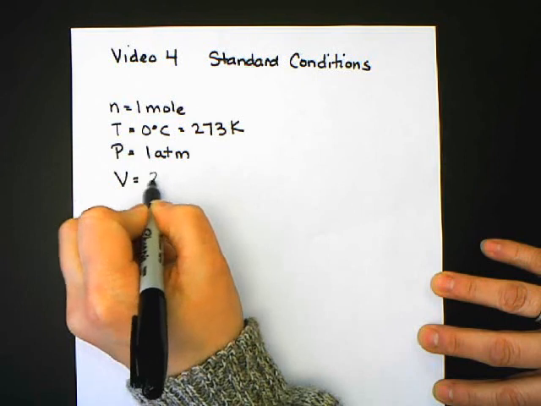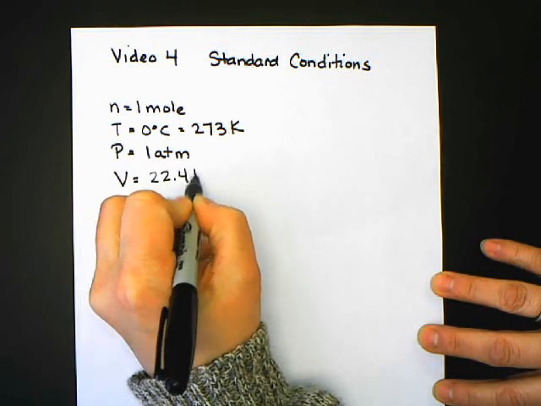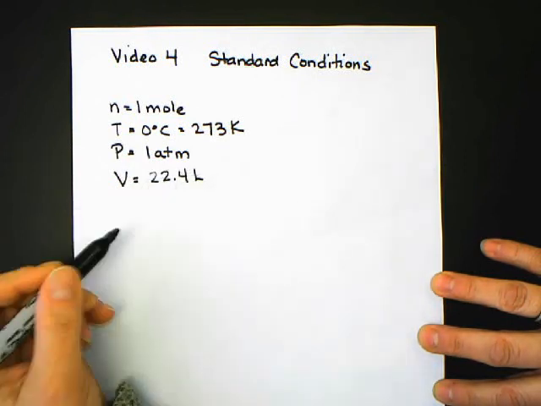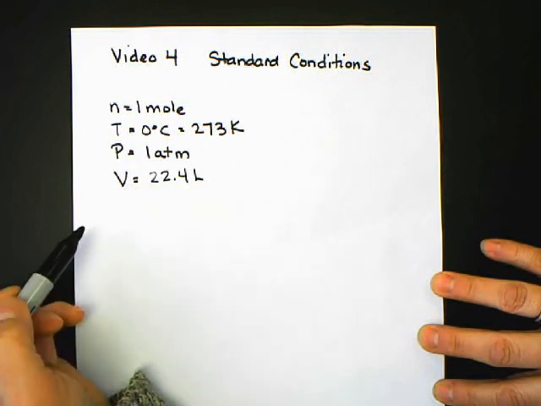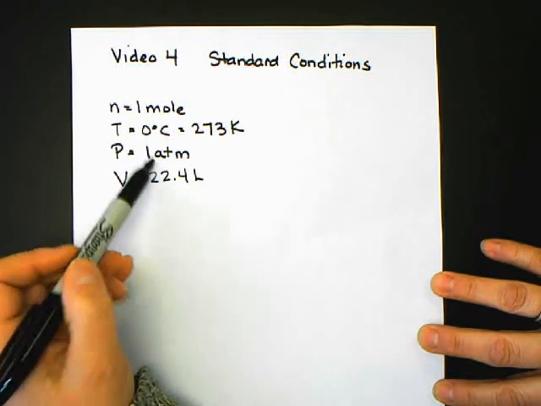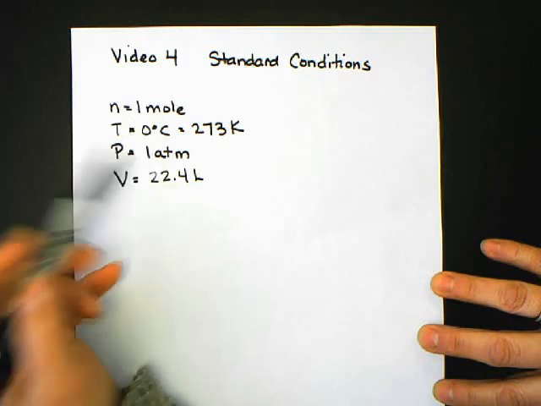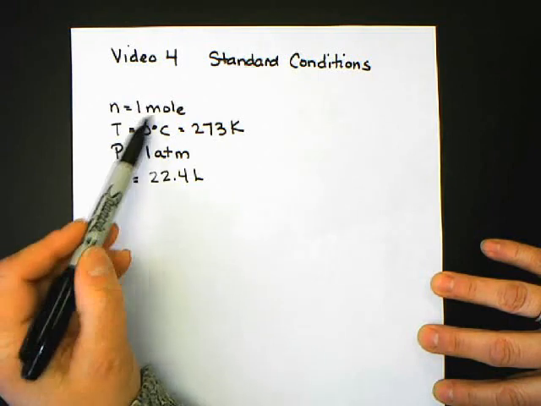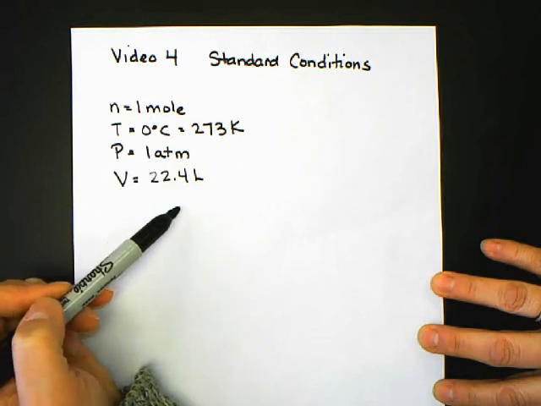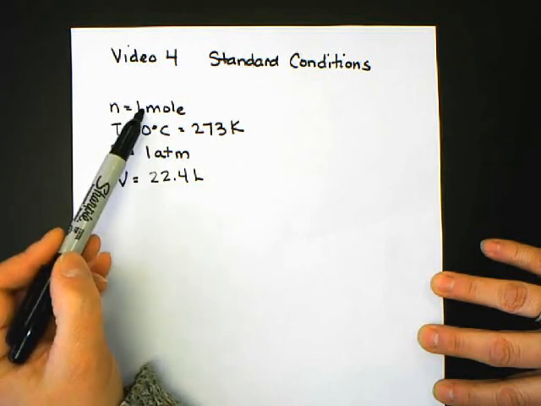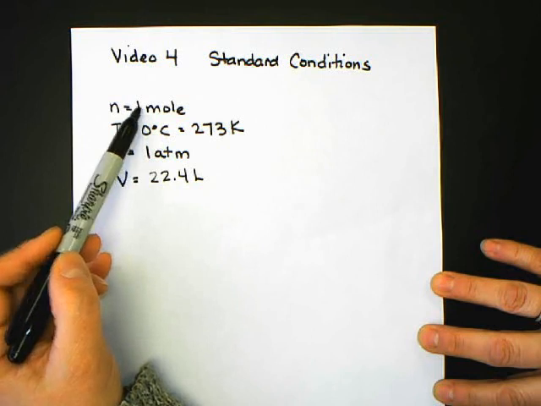That's the number that is not logical and doesn't make sense, because that's the number that they determined after they set the other three variables constant. So these 4 variables are what we refer to as standard conditions. 1 mole of any gas at 273 Kelvin and 1 atm will occupy 22.4 liters.